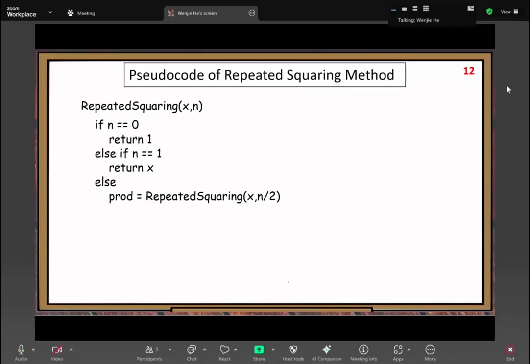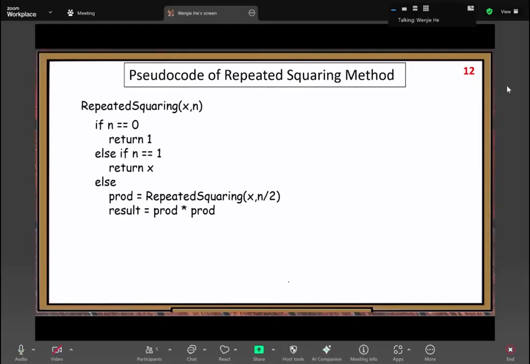So it's another integer; we truncate the fractional part. That is one recursive call here. This product temporary variable we will use later. Then we calculate the result: result equals product times itself, the square.